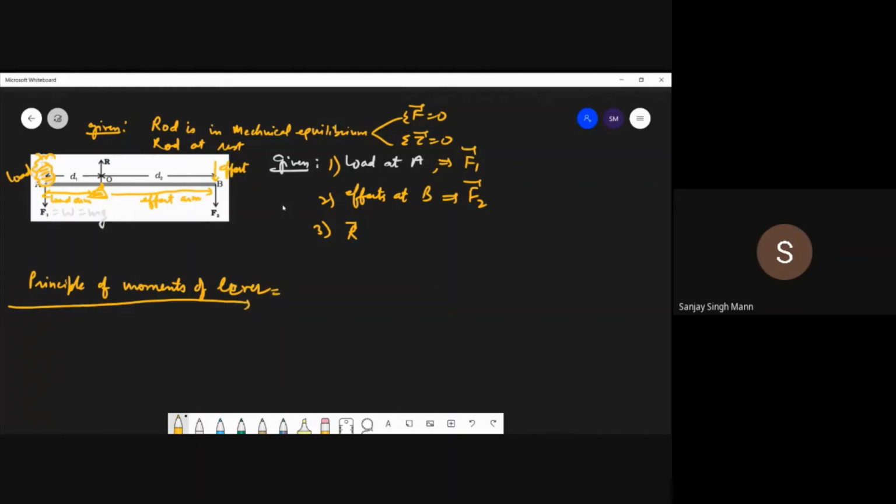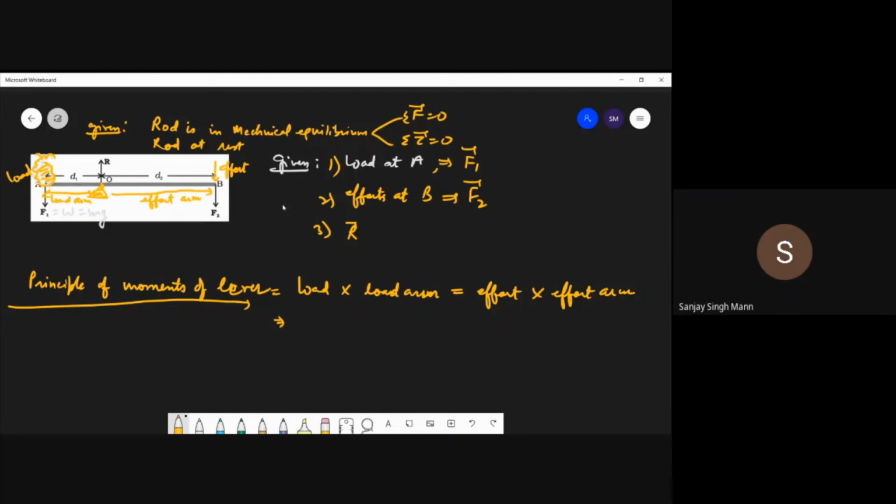Okay. So what is the principle of moments of lever? It is very simple. Load multiply load arm equals effort multiply effort arm. It is as simple as that.